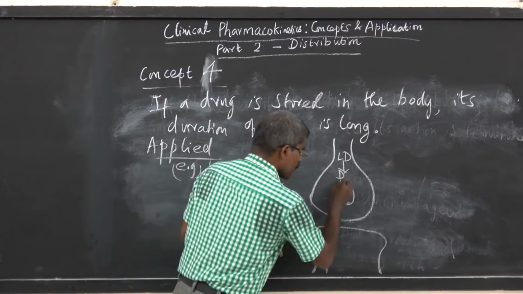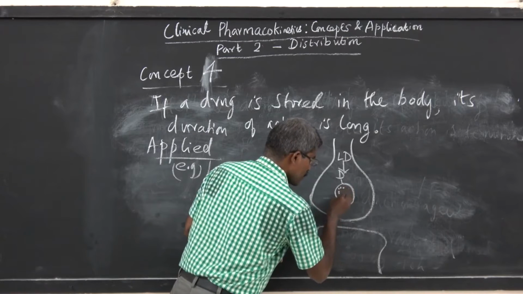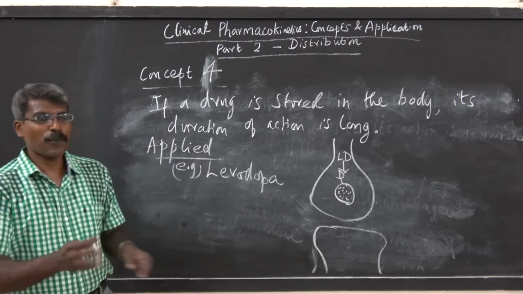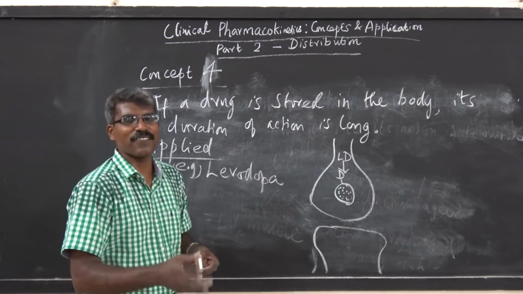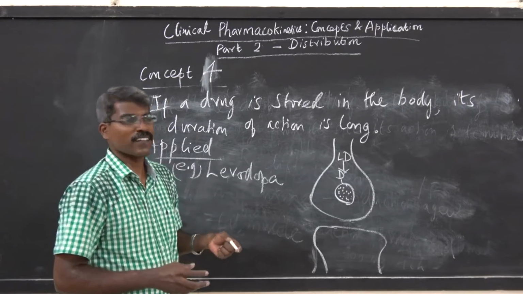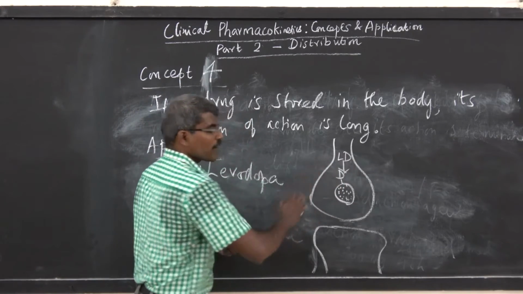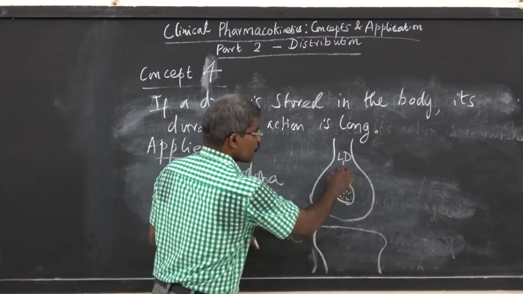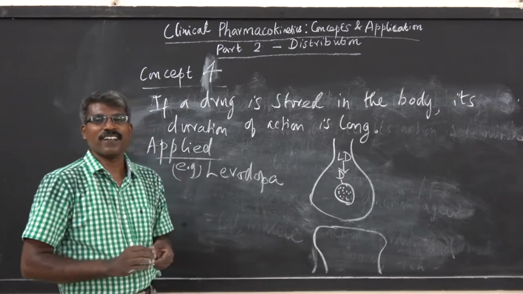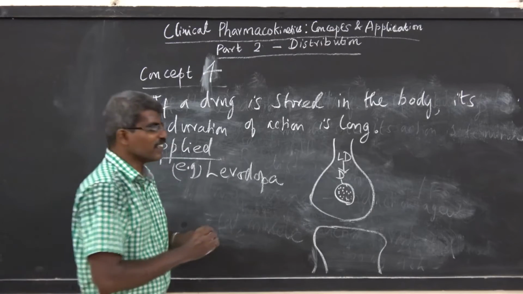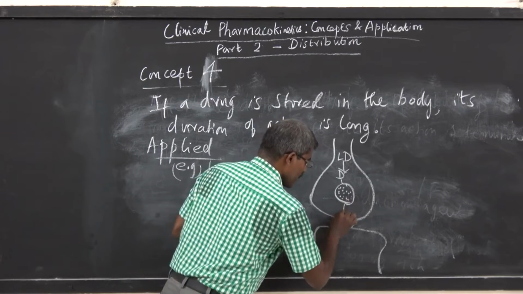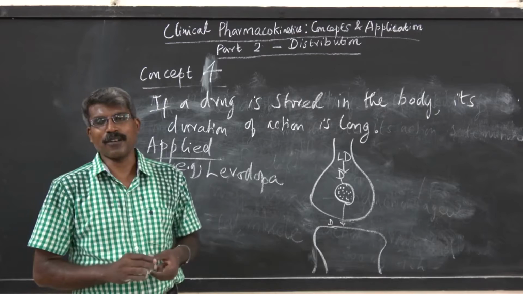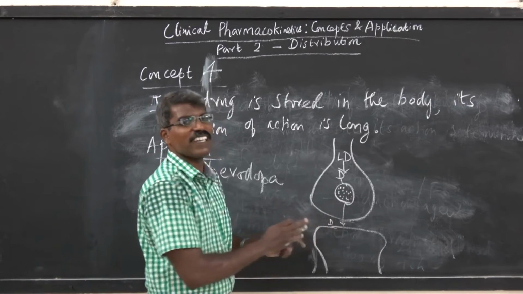This dopamine is stored inside this vesicle. So levodopa, when we give for treatment of Parkinson's, crosses the blood-brain barrier and comes into the brain. Inside the neurons, it gets changed to dopamine and stored in the vesicles. So whenever needed, this dopamine can be released and it can act on dopaminergic neurons. So this is what happens initially.